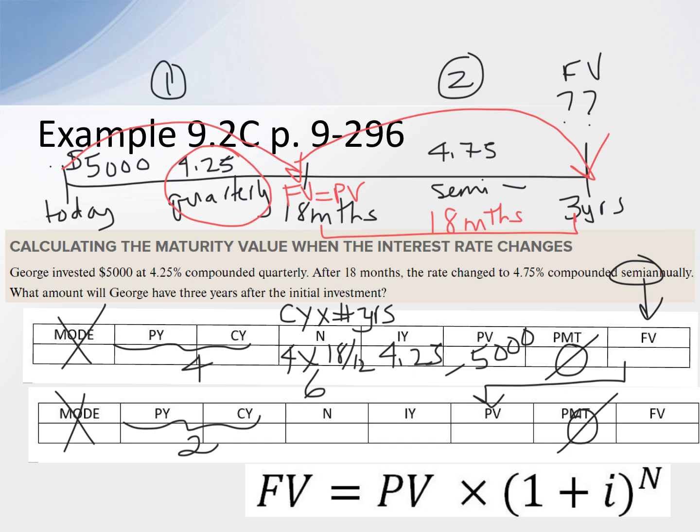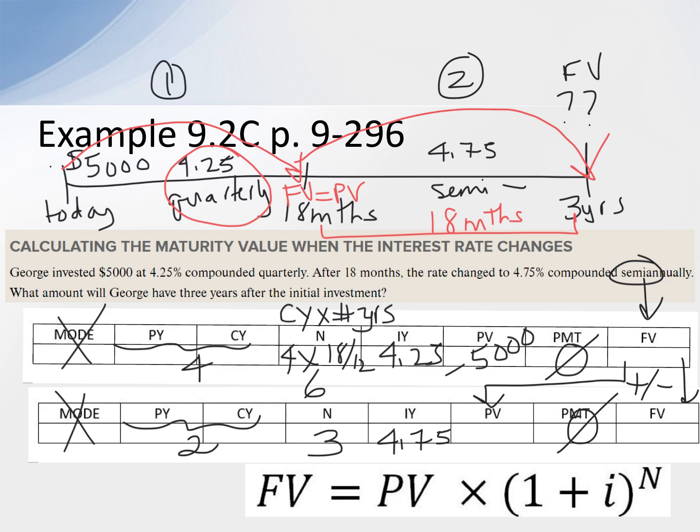And so our N will be 2 times 1.5, or 3. Our interest goes up to 4.75. Our PV, as I said earlier, is going to be the future value for the first segment with a sign change. And then we're going to be able to compute the future value at the final stage after 3 years of this investment.